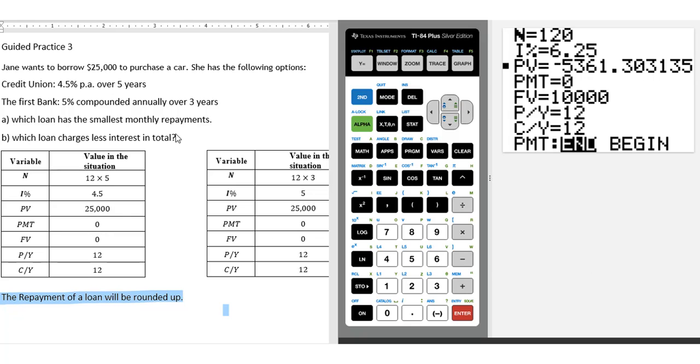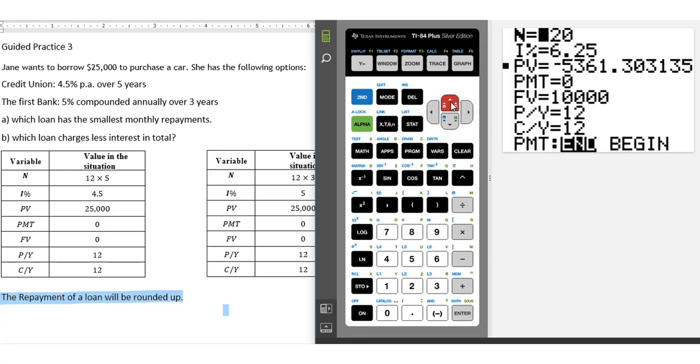Now I will put these values into this TVM solver. At the very beginning, 12 times 5. Interest 4.5. PV will be 25,000. Here is a 0.